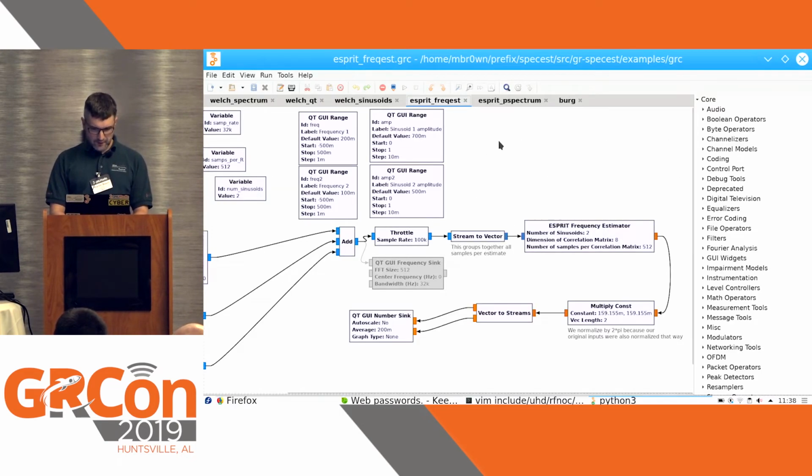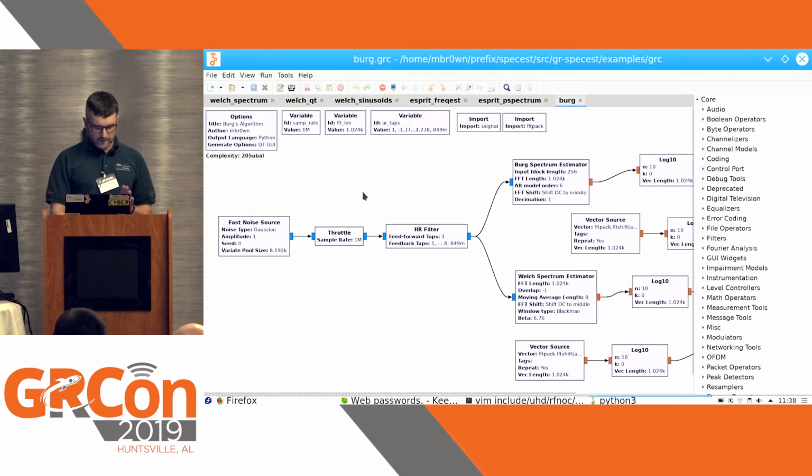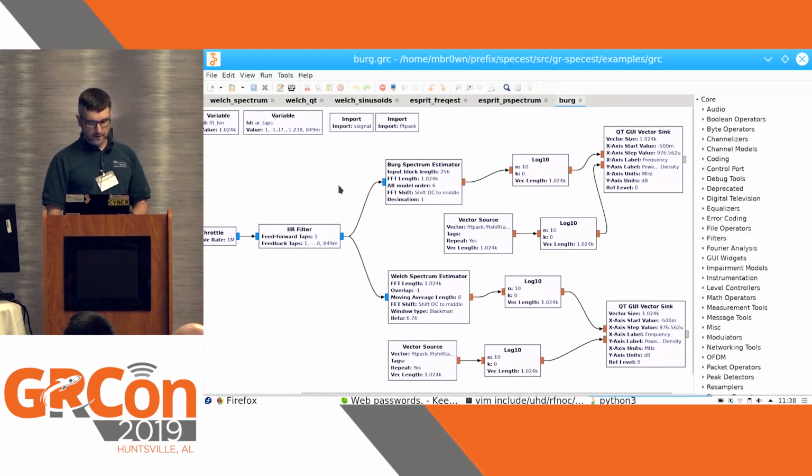I hope I can visualize this well enough for you guys. So here's a flow graph. I'm literally producing noise and sending it through a filter. It's an IIR filter in this case, so it's an autoregressive model. And I will show you the actual spectrum, the output of this. But also, I'm going to use this, which is the Burg spectrum estimator, Burg's method of spectral estimation.